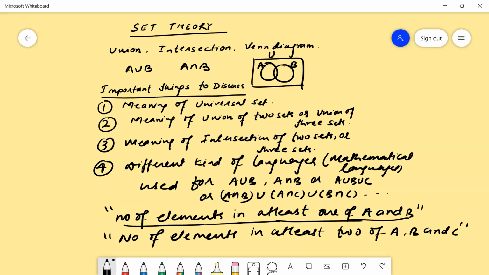So you might get surprised with these kind of languages, but this is the truth that we need to understand. We need to correlate these languages with sets. So let me start with the first one, meaning of universal set.